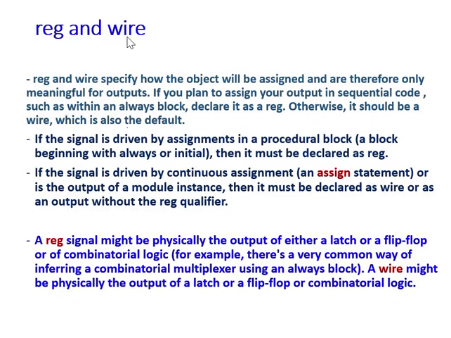Reg and wire specify how the object will be assigned, and are therefore only meaningful for outputs. Okay, it is not meaningful for inputs. First thing is that reg and wire are for outputs, that you have to remember.